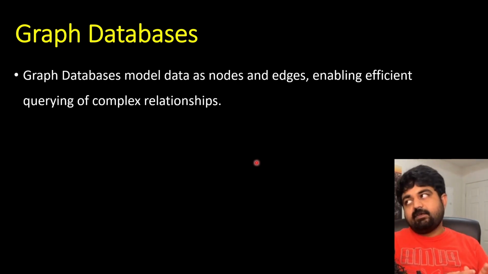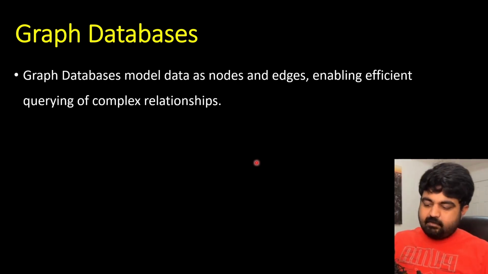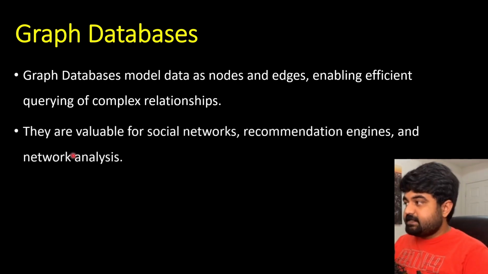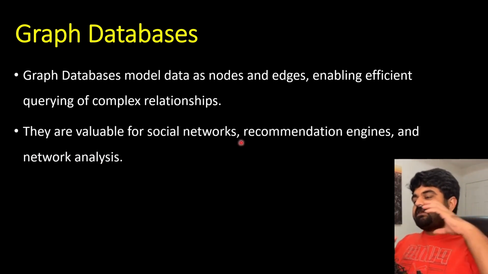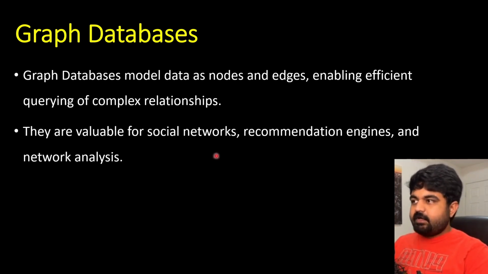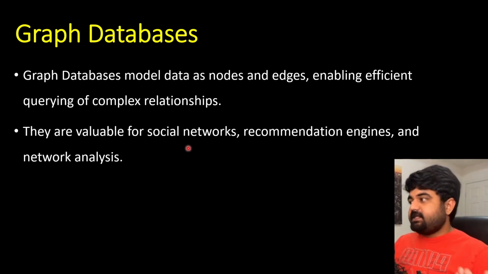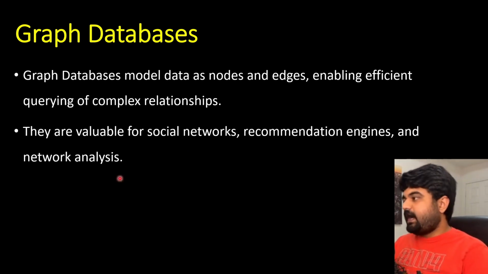All of these scenarios are very popular for graph databases. They are an ideal choice whenever you are dealing with complex networks. Not only social networks, but also search engines, recommendation engines, and analysis. For all of these scenarios, think of using a graph database.